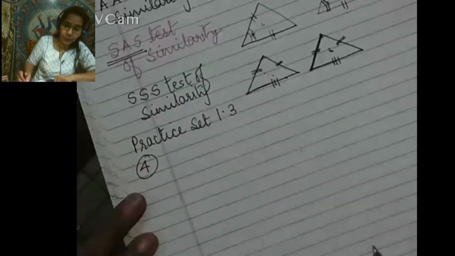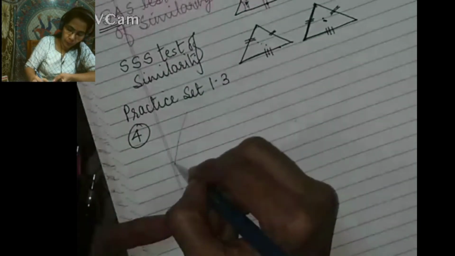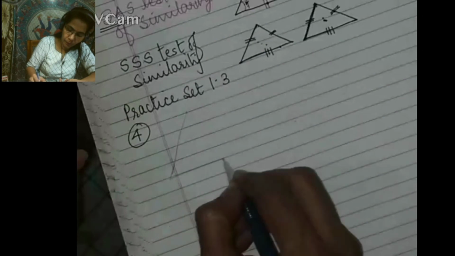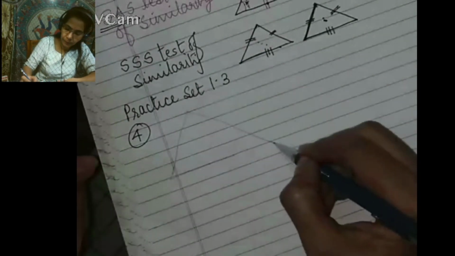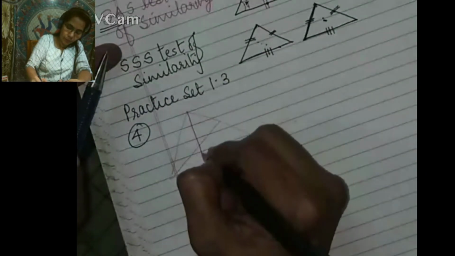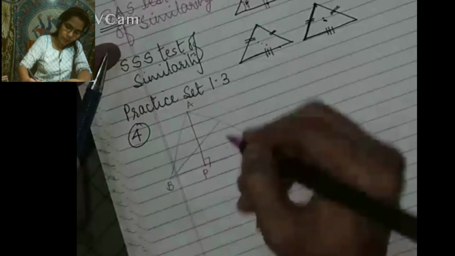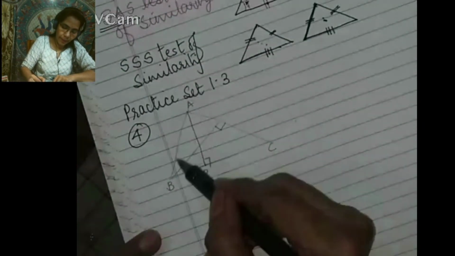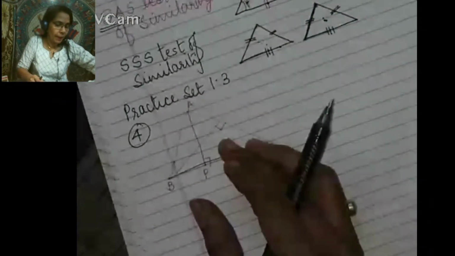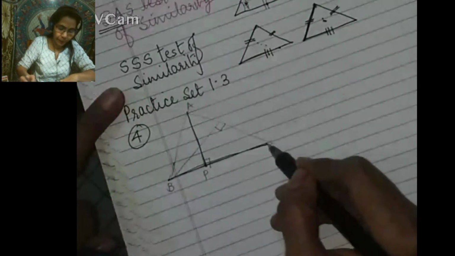Let's go to question number 4. I will construct the figure. In triangle ABC, AP is perpendicular to BC.